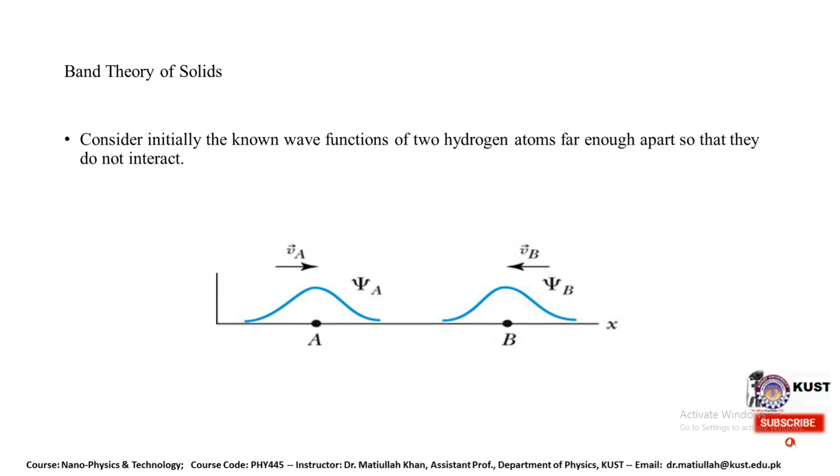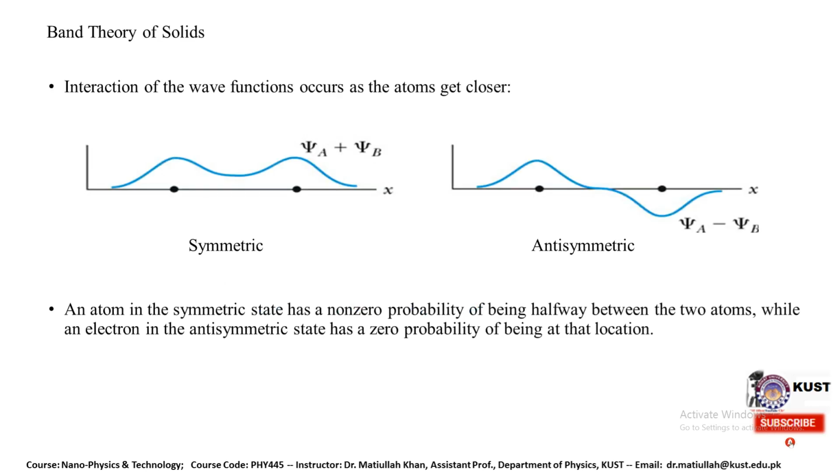So this is the band theory of solids, and we can explain its potential with respect to this curve by drawing the potential against the distance between the lattice points. Band theory of solids describes the wave function associated with the electron, and from that we can get how the electron interacts with the lattice point, and what the behavior of the electron is near the lattice point and in between the lattice points.